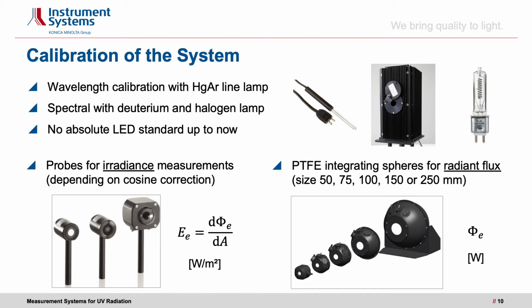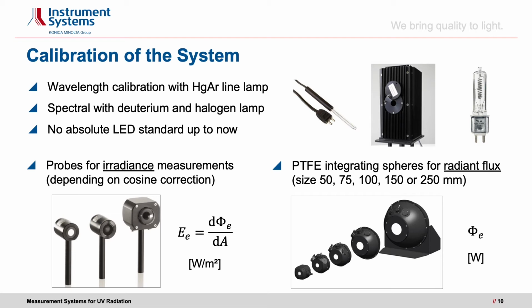As already mentioned, the whole system shall be calibrated. That means the spectroradiometer together with the coupling optics and the optical fiber are one unit, and the whole system is calibrated, the wavelength calibration using the mercury-argon line lamp. The spectral calibration is done using the deuterium lamp for the UV and the halogen lamp maybe for the extended visible range.